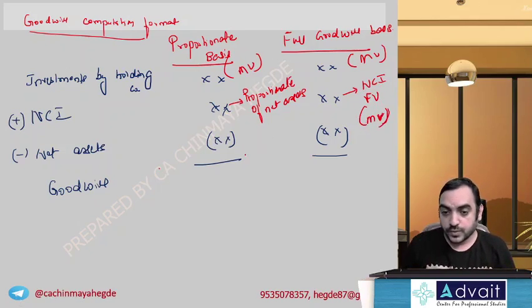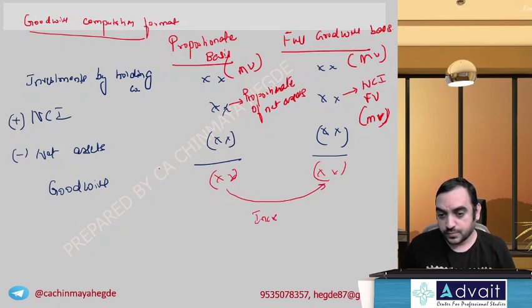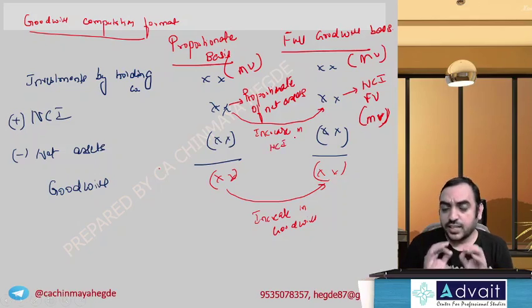Then you write down goodwill, then the increase in goodwill or decrease. It can decrease also sometimes. Increase in goodwill is the increase in NCI. We'll write the sentences along with explanation. This is the format for it.